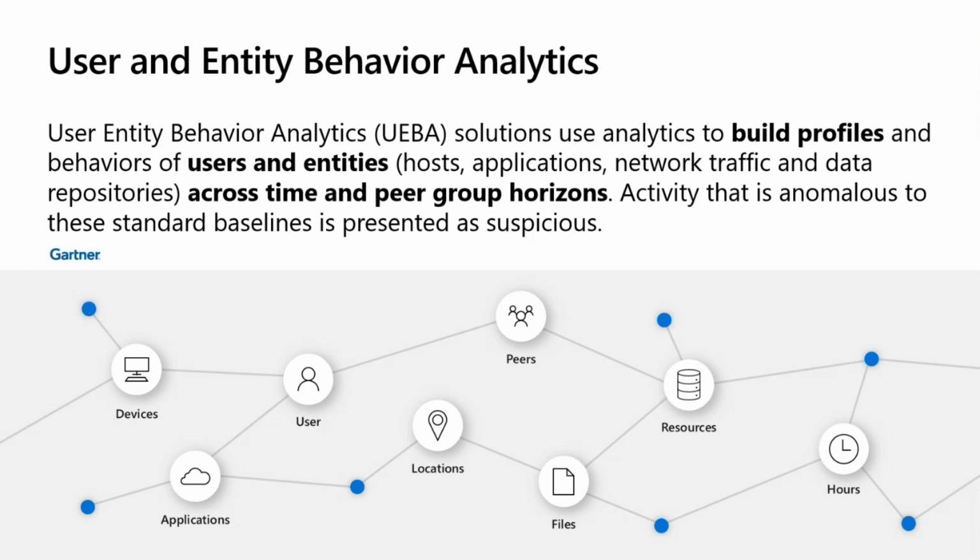Well, we analyze factors such as which devices the users log on from, what applications they commonly use, from which location do they log on from, what resource does the user have access to, what are their standard working hours, what is the volume and frequency of the user's activities, and more. So by identifying what's a normal behavior, we can easily find anomalies, which are the user's activities that deviate from the user's standard profile.